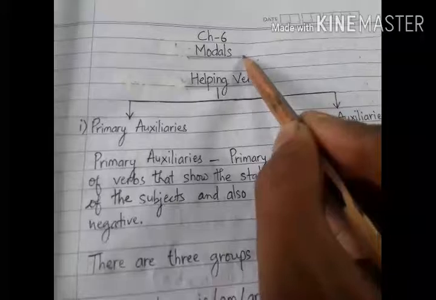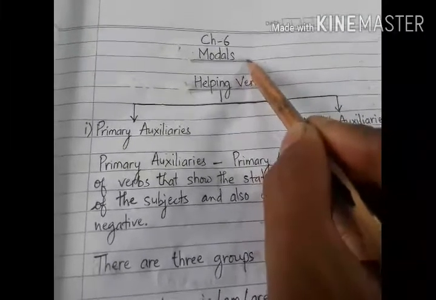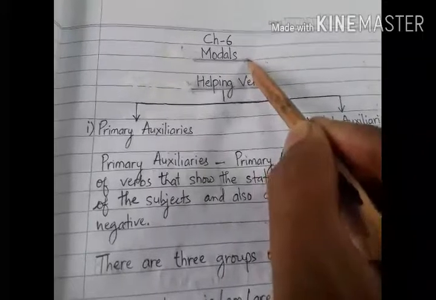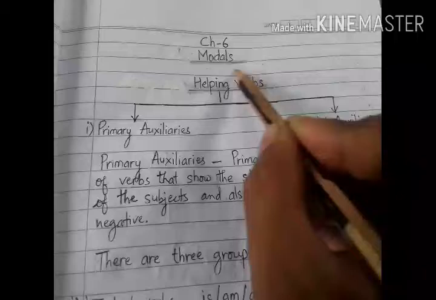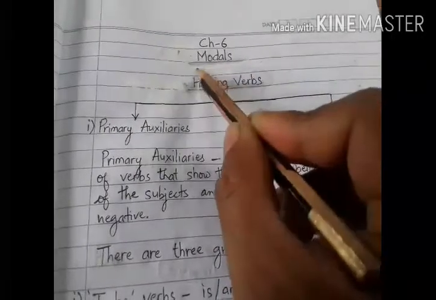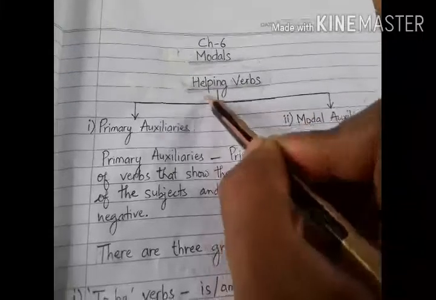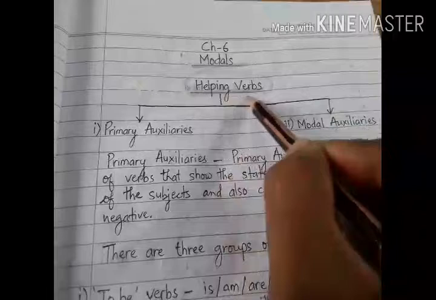Modals are helping verbs. They help the main verbs to express correct actions. Now after defining modals, we will understand modals with examples in sentences later in this video. But at first we will understand helping verbs.